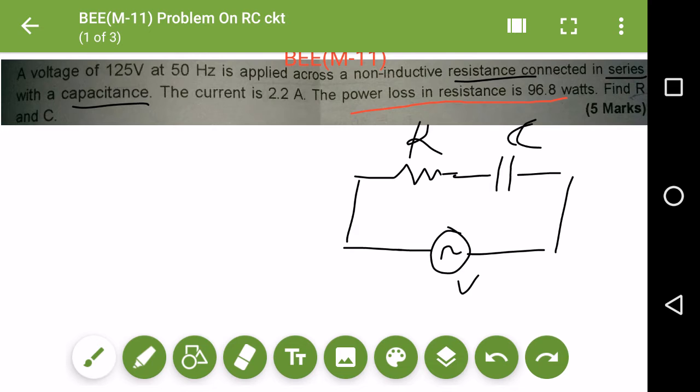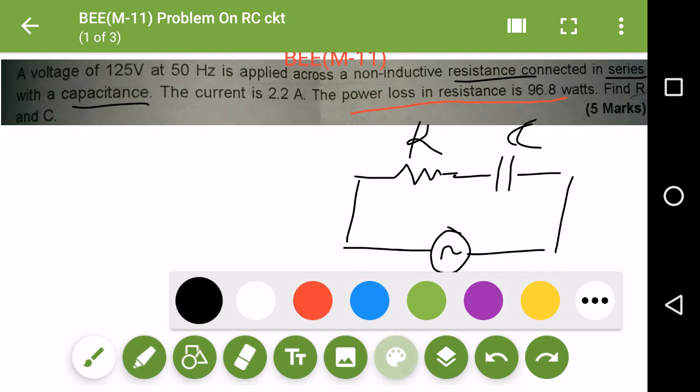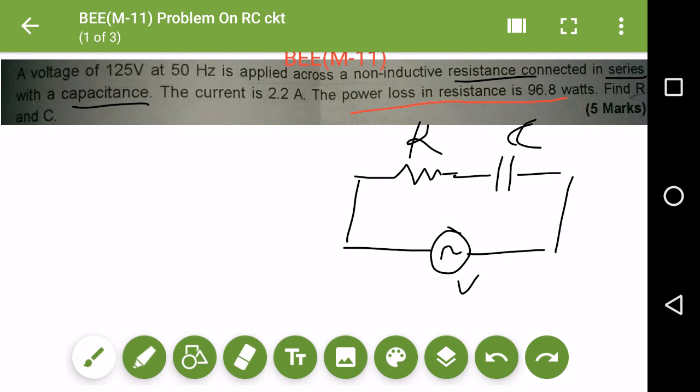What I really need to find is the resistance and the capacitance. The total voltage is given to us, the current is also given to us, and the important thing, the power loss, is given at the resistance.